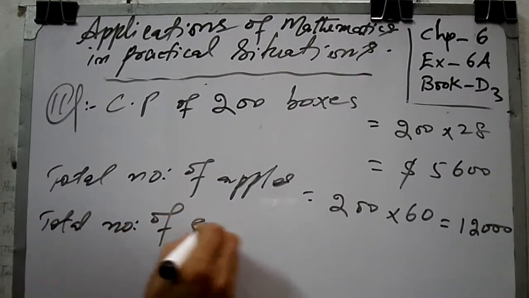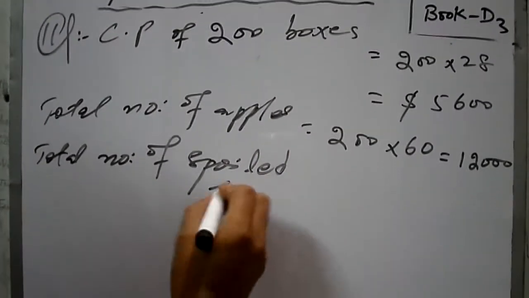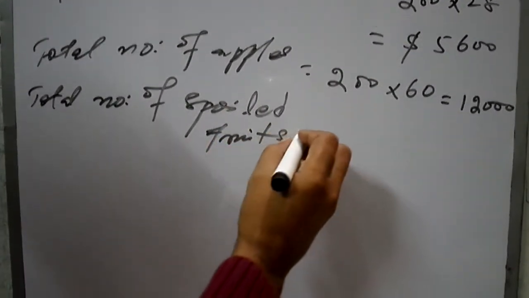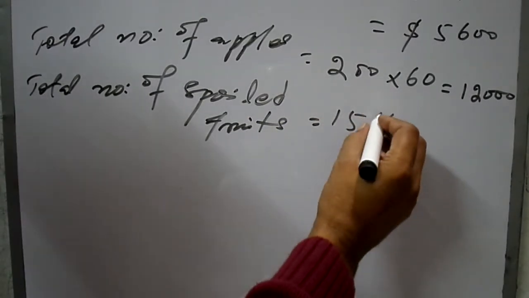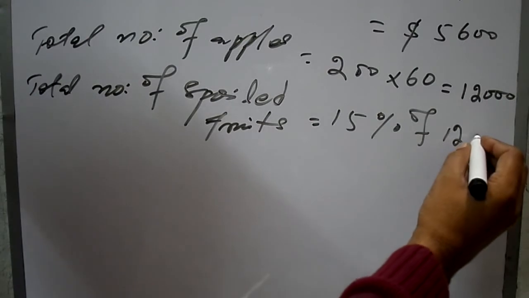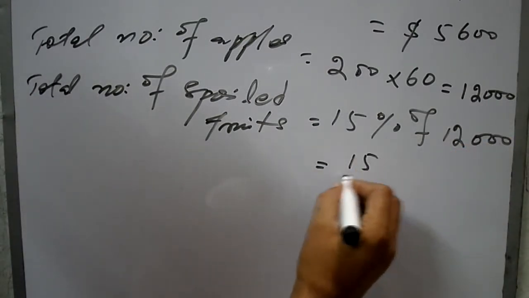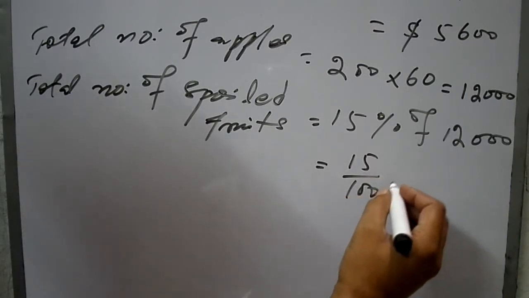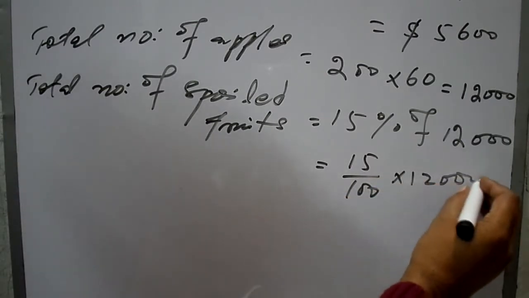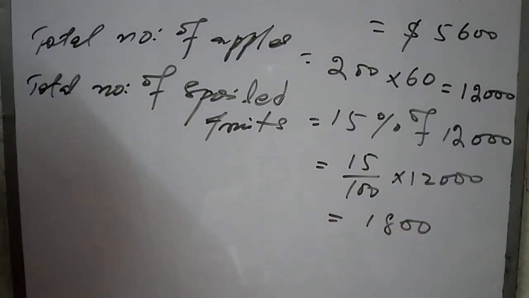So total number of spoiled fruits is equal to 15%, it is given to us, of 12,000. So we have to calculate for 12,000, that is 15%, so that is 15 divided by 100 multiplied by 12,000, you will get the result, that is 1800.